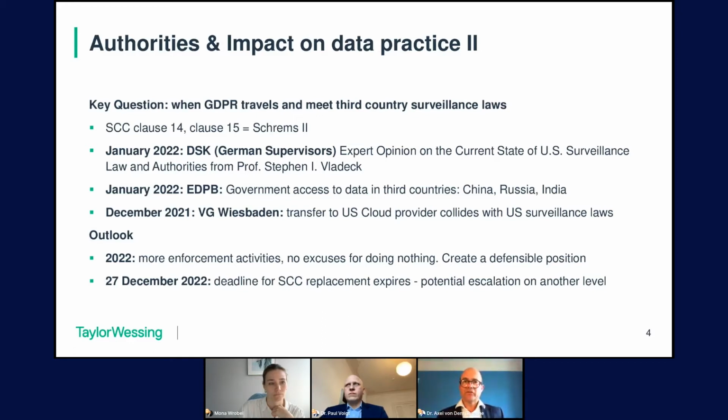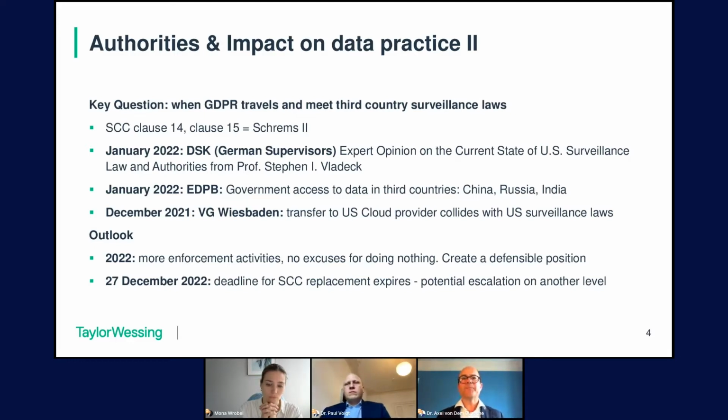So suddenly, the authorities are aware of one really crucial point, that it's not so easy to enforce this, at least if they come to a situation where a data exporter has done its homework.